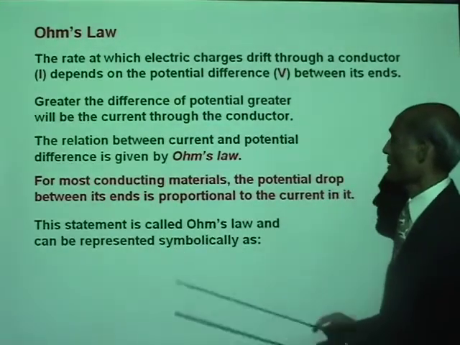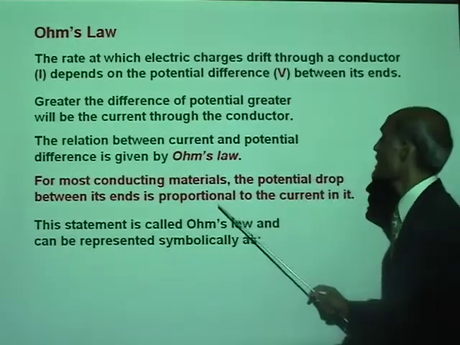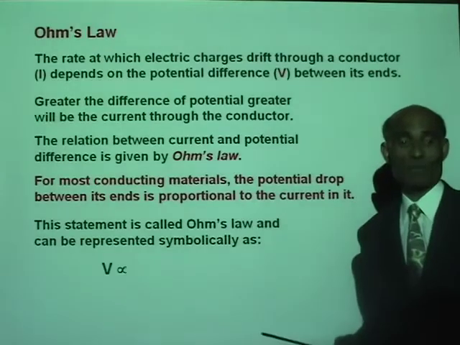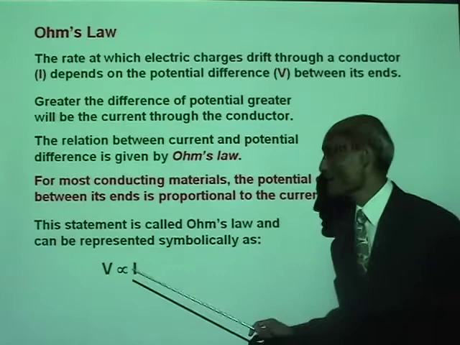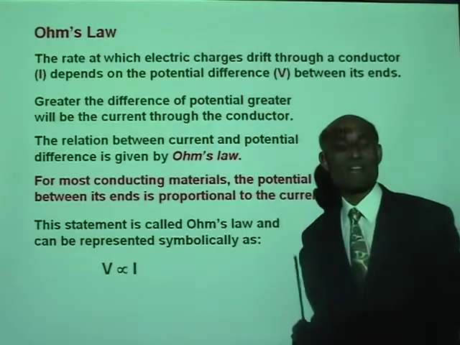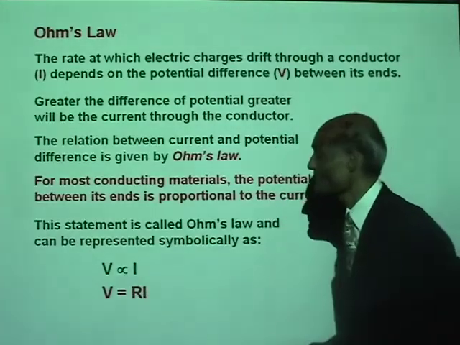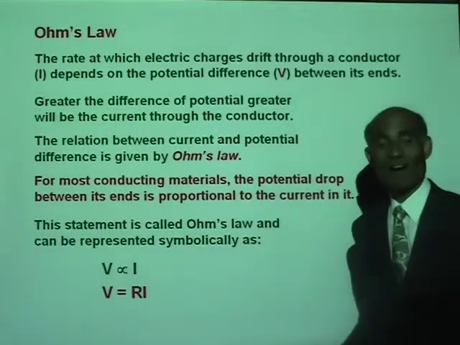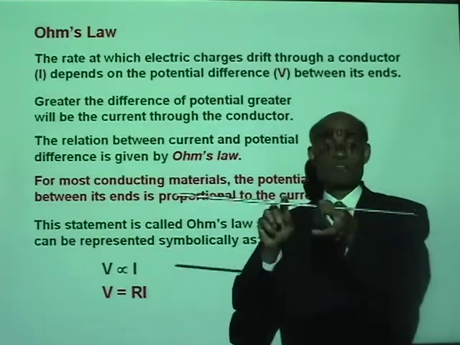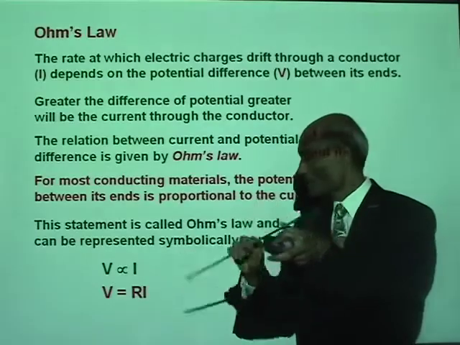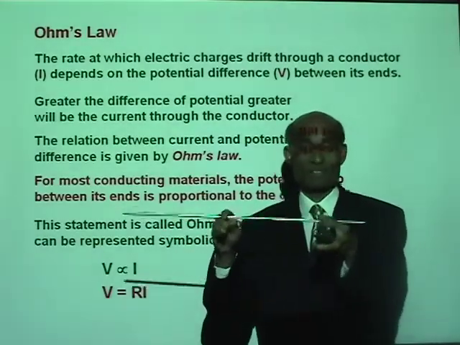using symbols? The potential drop between the ends of a conductor is proportional to the current. We say V is proportional to I, and always the proportionality sign can be replaced by an equal sign adding a constant. V equal to RI, where R is a constant for a given conductor, and this R is called the resistance of the conductor.